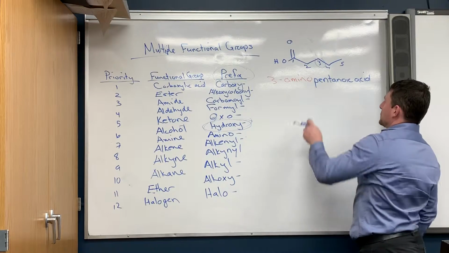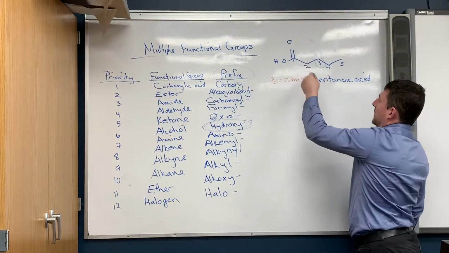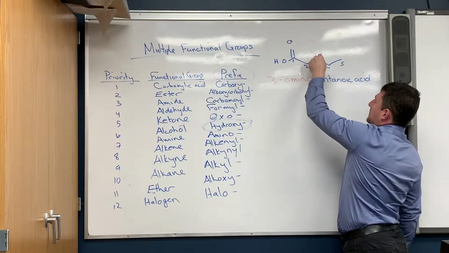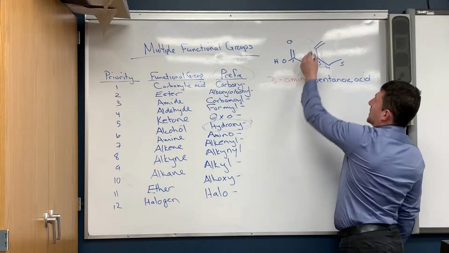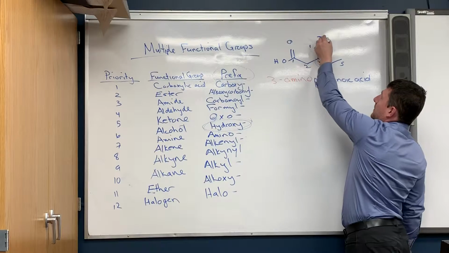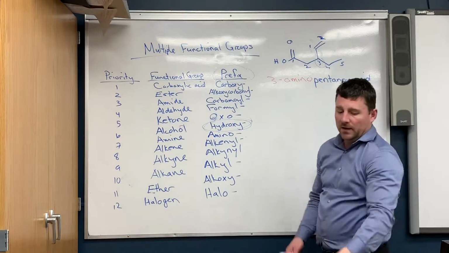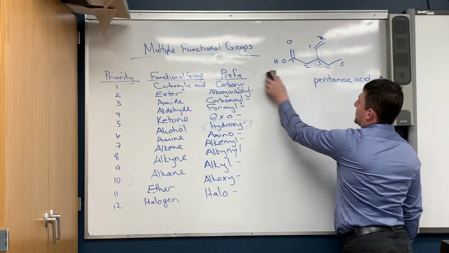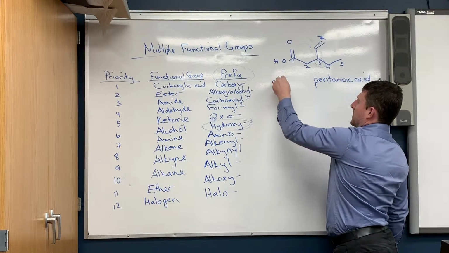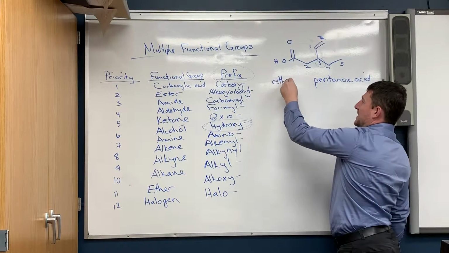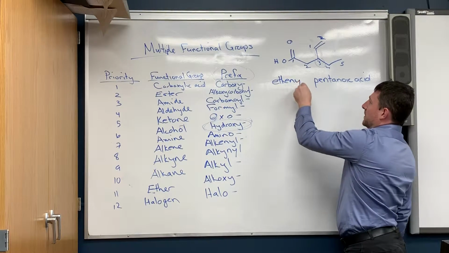So if here I put something like that, that's got 1 carbon, 2 carbons, so it's an ethyl, but it's got a double bond in it, so it's no longer ethyl, it's ethenyl.